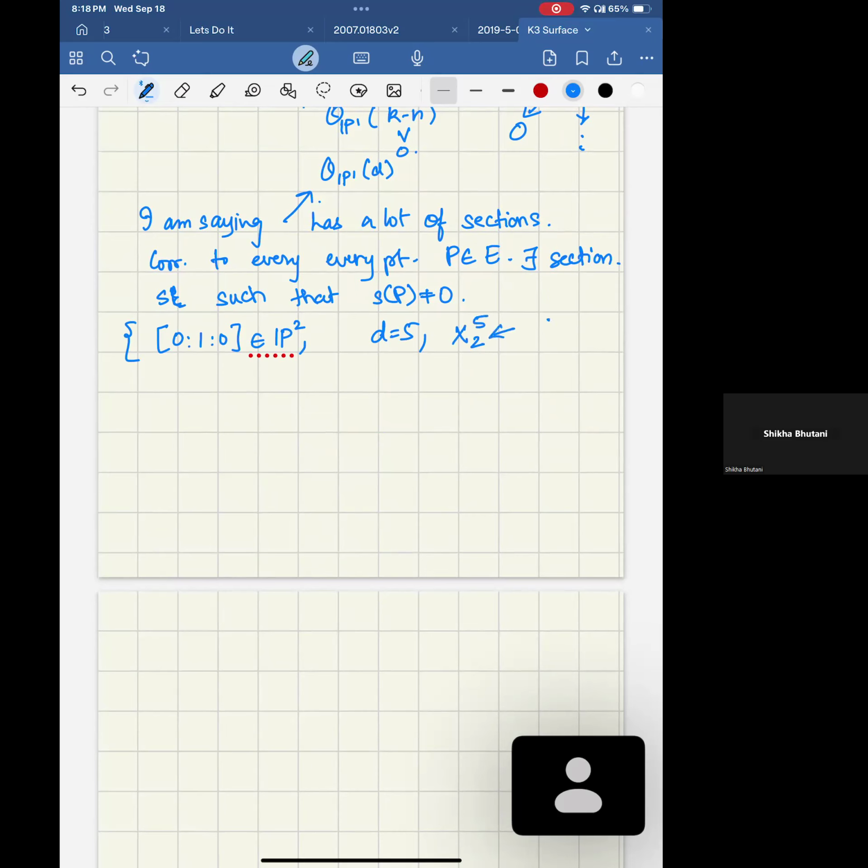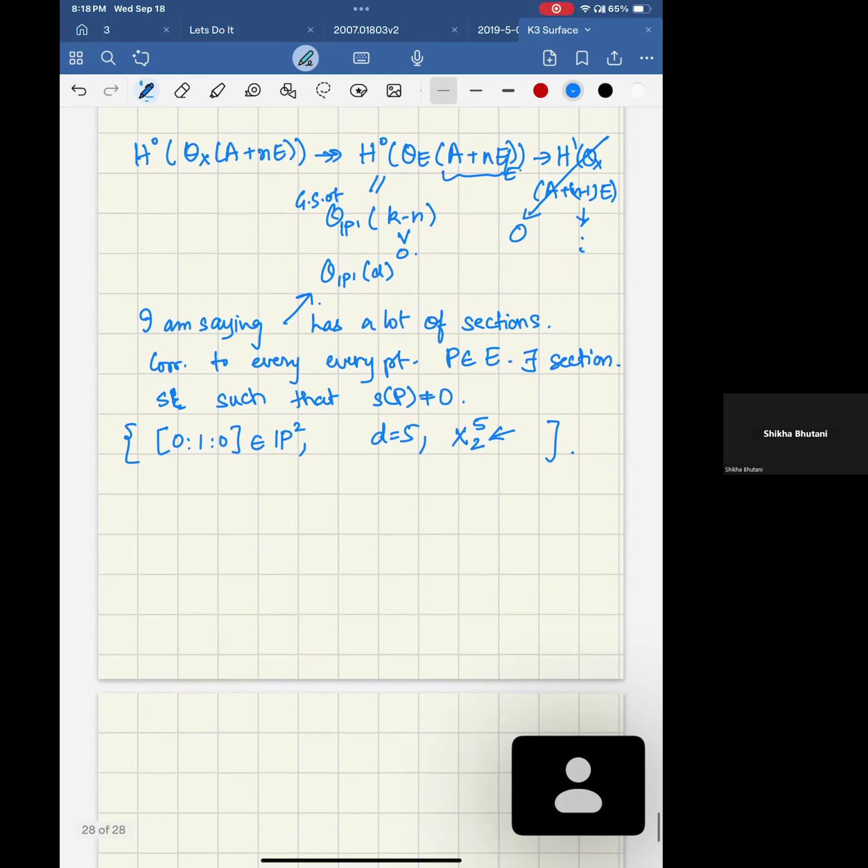Now this is a polynomial of degree 5 which does not vanish on this point, right? So this is essentially the same thing I'm saying over here, that when you are on E and you are considering a line bundle given by this thing over here, then it has many global sections, and corresponding to every point, you can find a section which does not vanish on that.